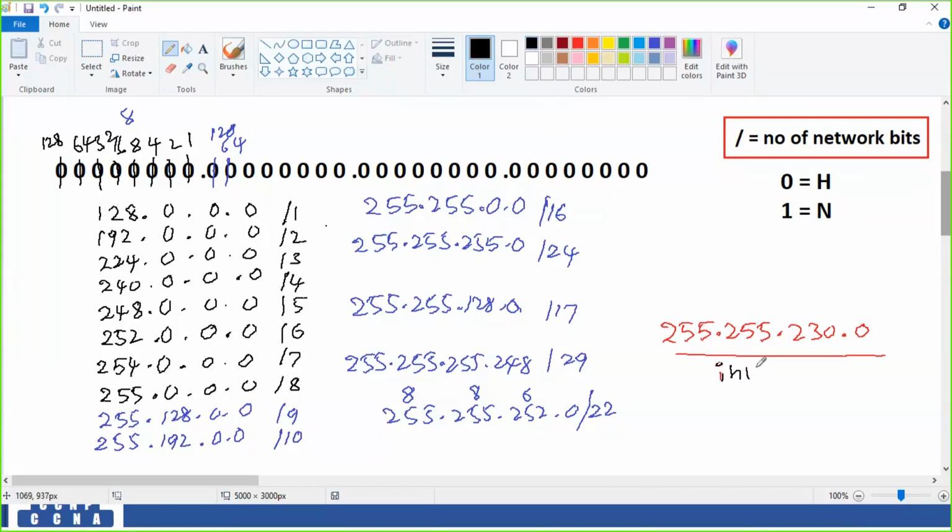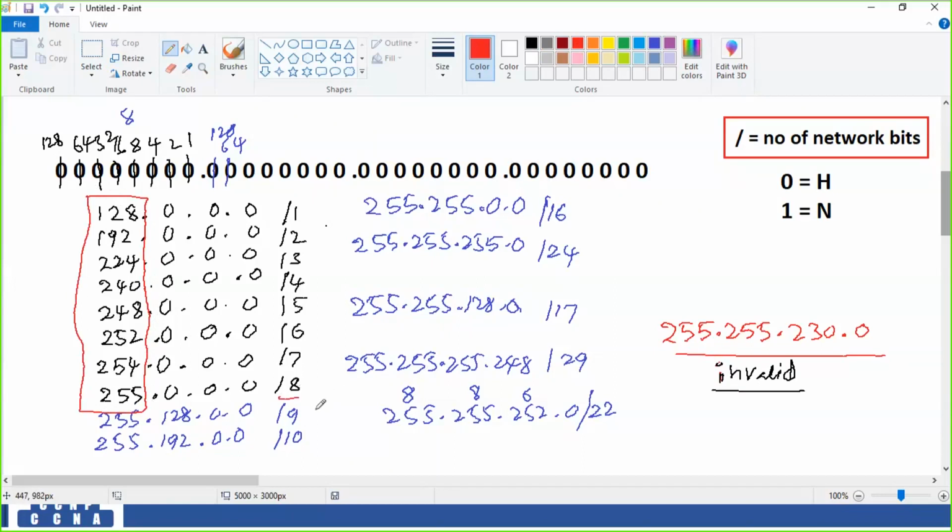The subnet mask is invalid. Why? Because in a subnet mask, the only possible values are 128, 192, 224, 240, 248, 252, 254, 255. These are the only values you can get in a subnet mask. If you take any slash notation, you get this combination only.